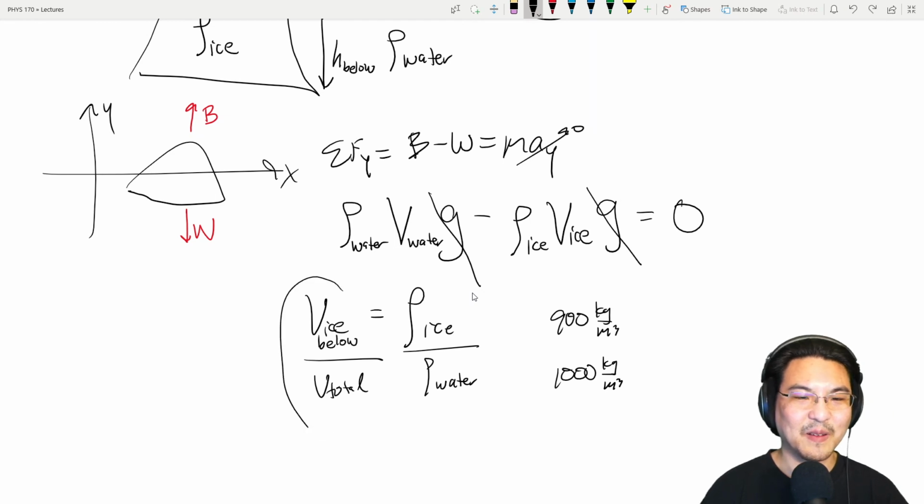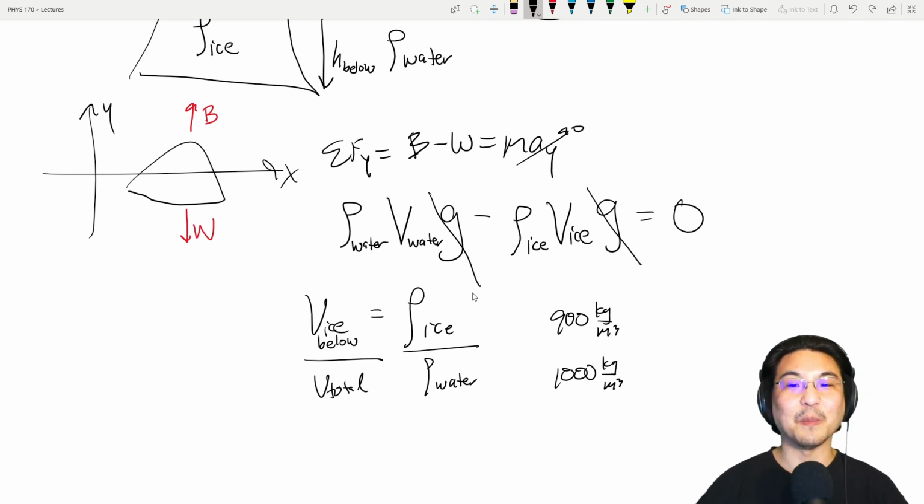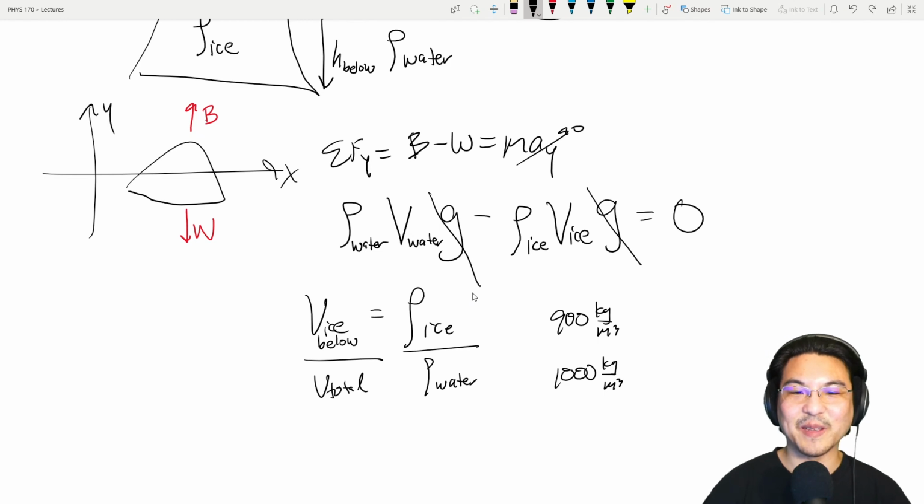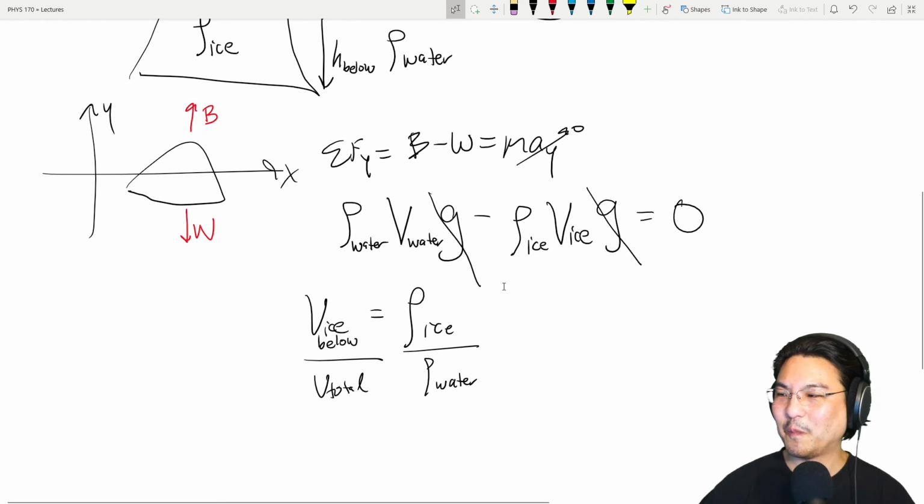So that means about 90% of the iceberg is below the surface of the water, 10% is above. And that'll just change based on these densities. Try this example for yourself to see if it makes sense to you.